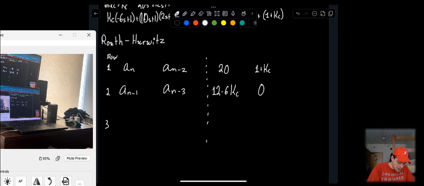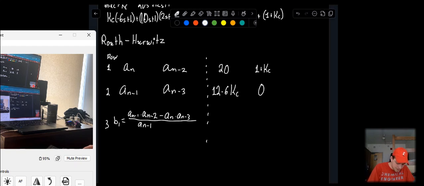Now for b, usually this term is quantified as b1. This will be an minus 1 times an minus 2 minus an times an minus 3, all over an minus 1. And we only need to find our left column here, and we need to ensure that all of those numbers will be greater than 0.